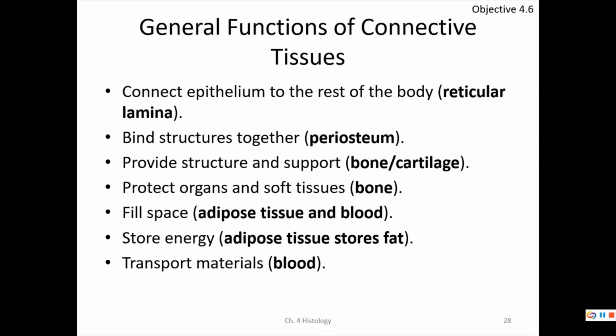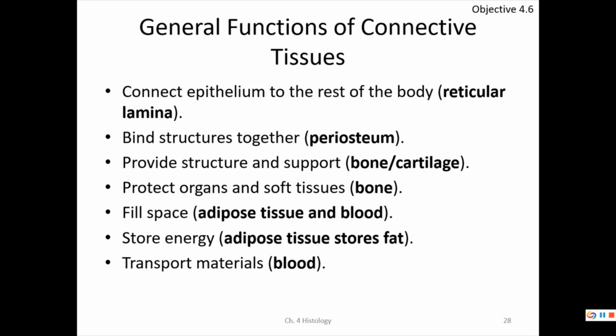It binds things together, like the periosteum of bone, providing structure and support like bone and cartilage, or protecting organs and soft tissues, filling space like adipose tissue, fat, and blood, storing energy like adipose tissue, and transporting things like blood and lymph.